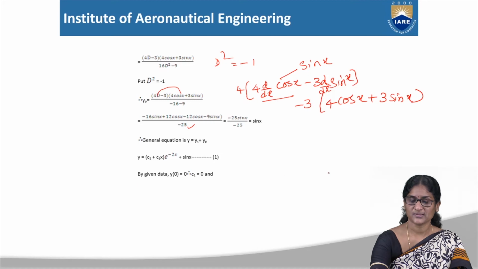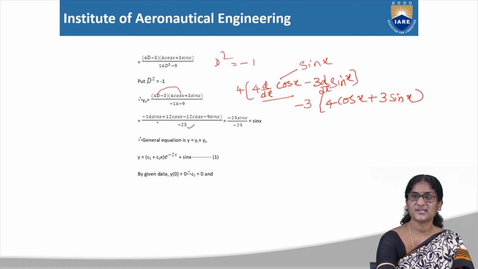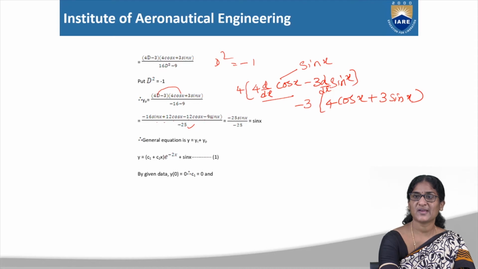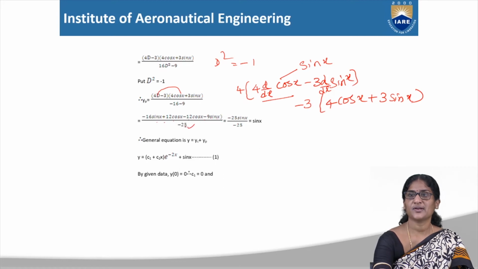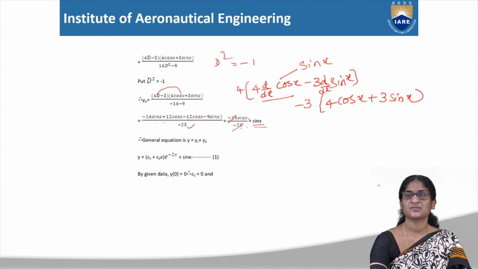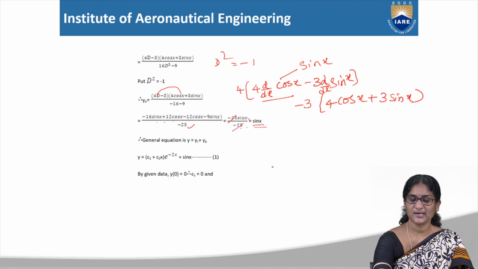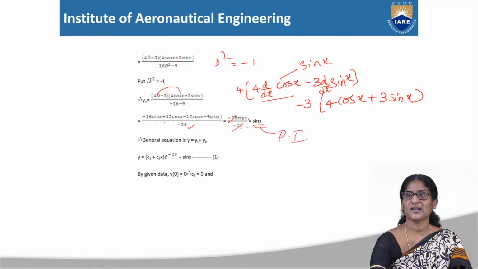So this is nothing but minus 16 sin x plus 12 cos x minus 12 cos x minus 9 sin x. Expand this completely, then you are going to get minus 25 sin x by minus 25. These two get cancelled, leaving sin x as the answer. So the particular integral is very simple, that is sin x. This is the particular integral.